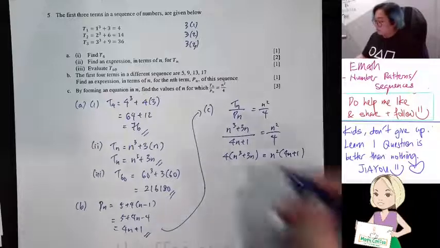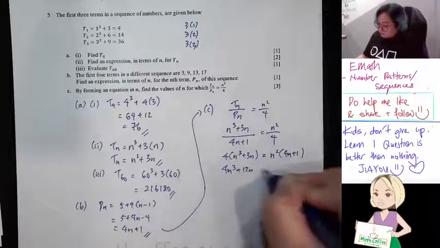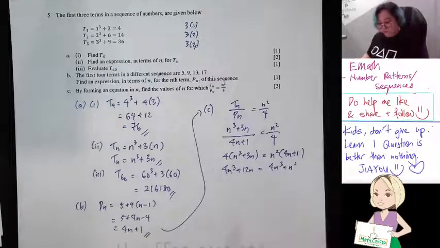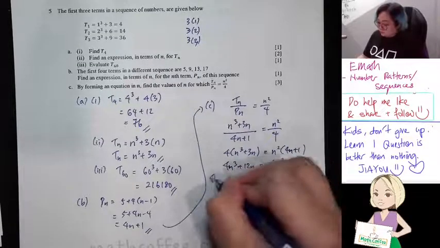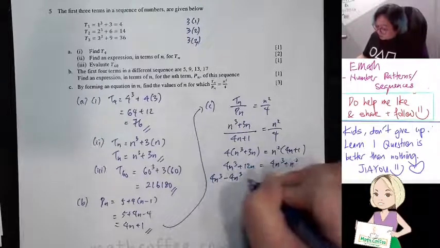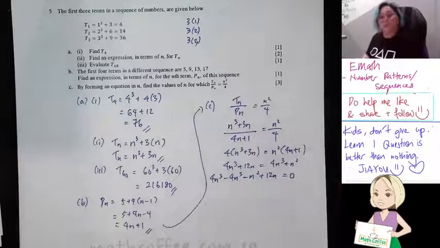Right? So expanding, I get 4n cubed plus 12n equals 4n cubed plus n squared. So throw everything to the left hand side. So I have 4n cubed minus 4n cubed minus n squared plus 12n equals 0.